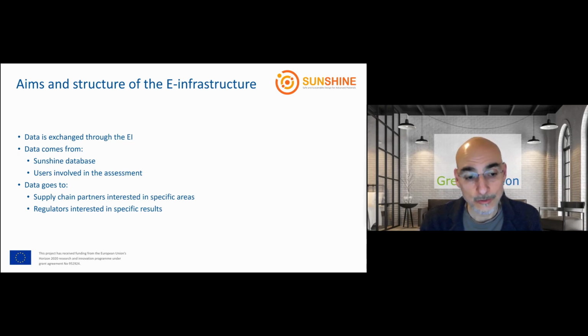So this data goes to supply chain partners, and when you input data, you always specify in which part of the supply chain you are when supplying the data. It also can be used for regulators who want to dig into specific results or parts of the data if the users want to share this information.